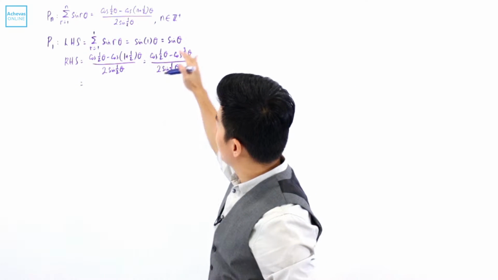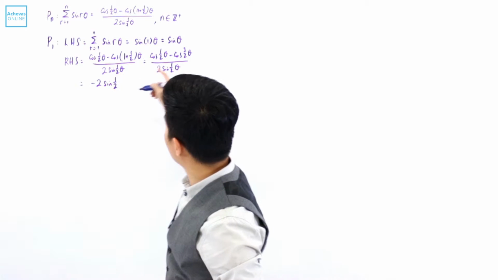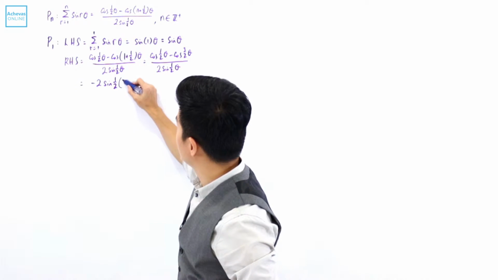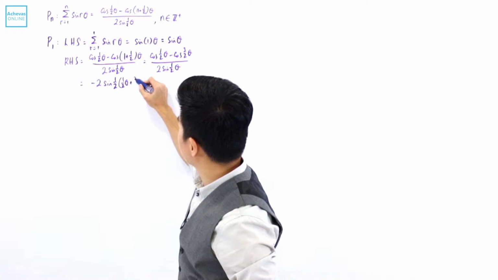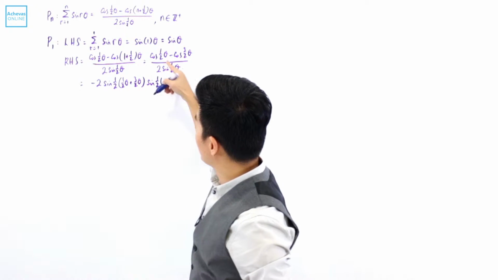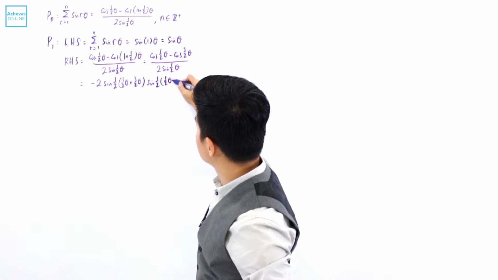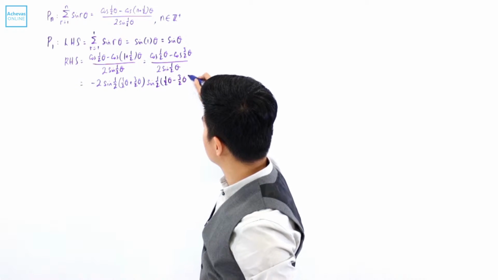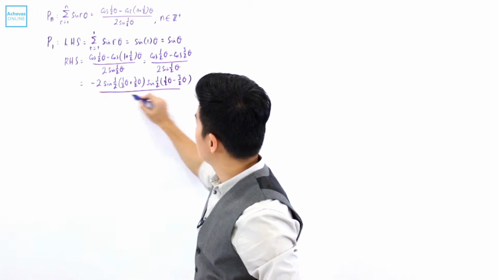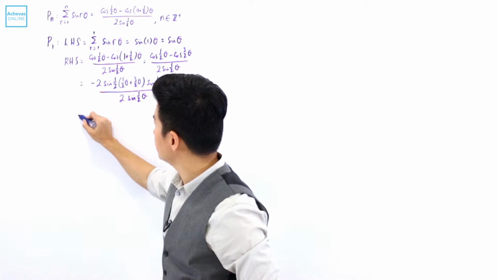Using the factor formula for this, it is going to be minus 2 sine half of this angle plus this angle, so half theta plus 3 over 2 theta, and sine half of this angle minus this angle, which is going to be half theta minus 3 over 2 theta. And this divided by 2 sine half theta.